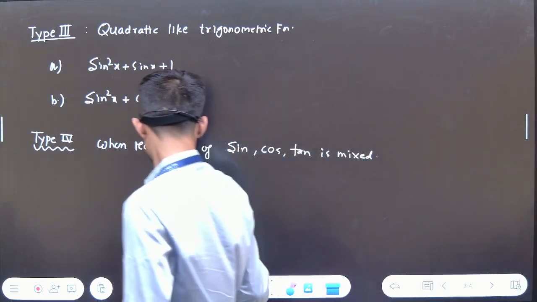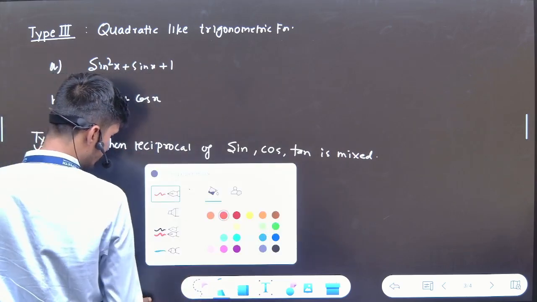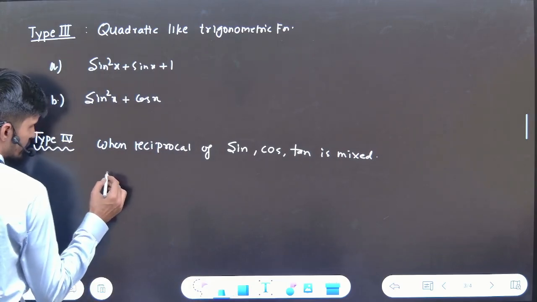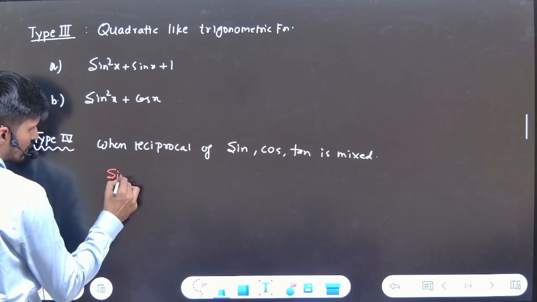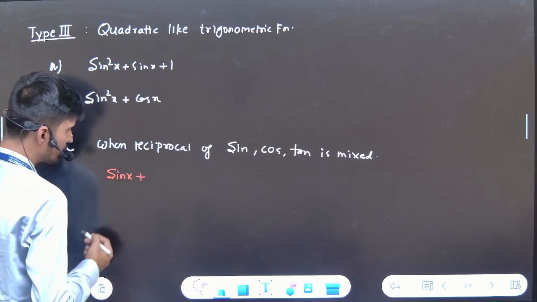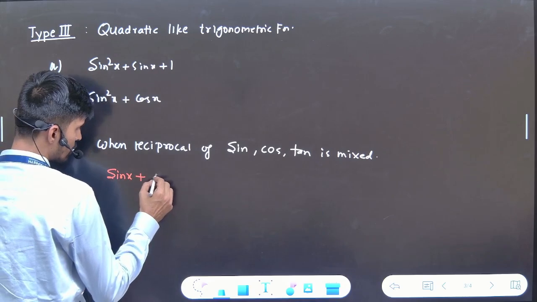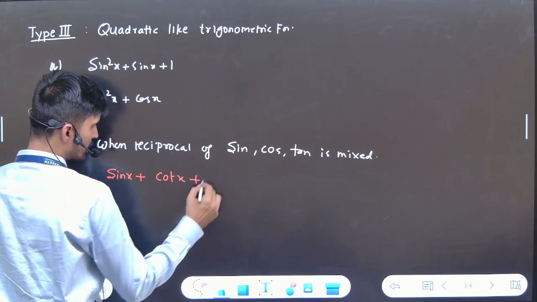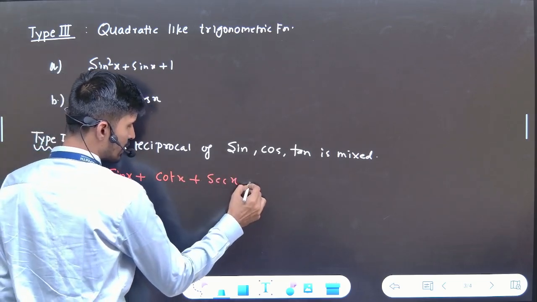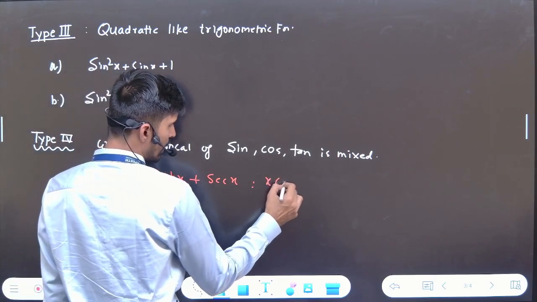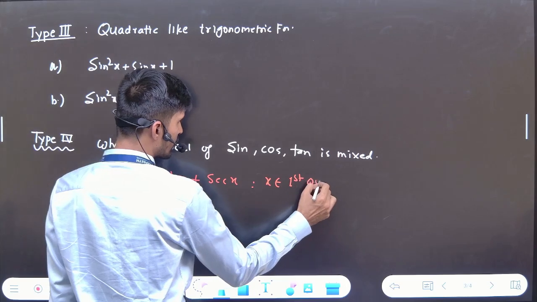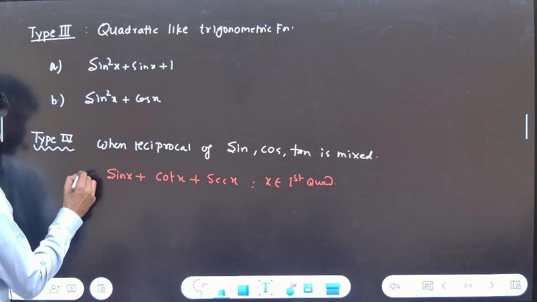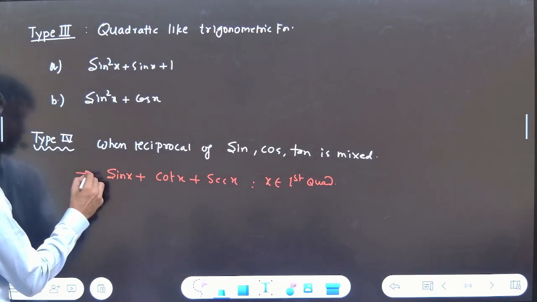Type 4 I am going to explain. Type 4 is saying: find the range of sin x + cot x + sec x, where x belongs to the first quadrant. This expression.